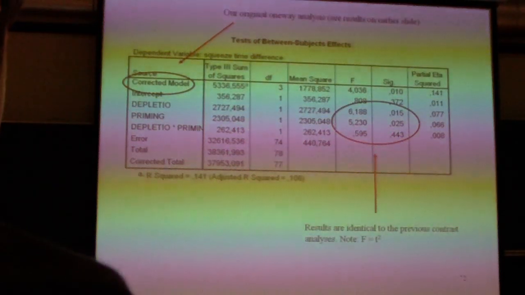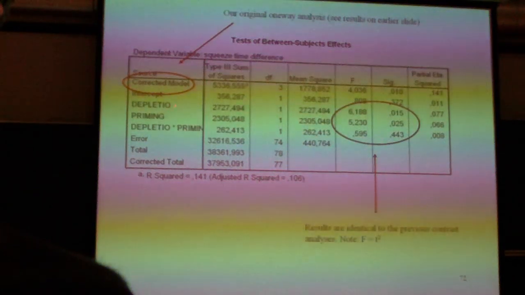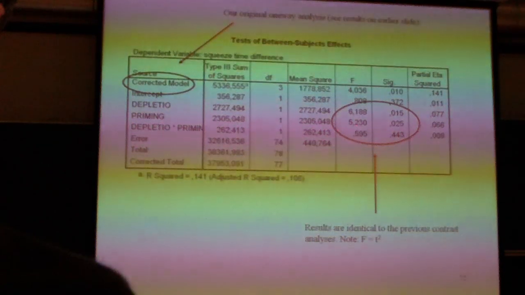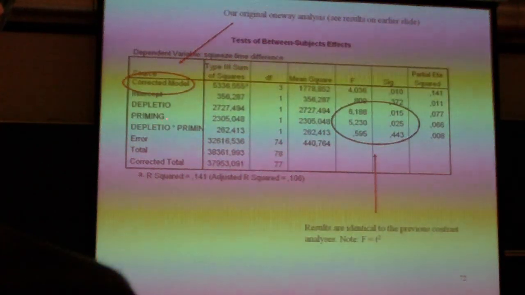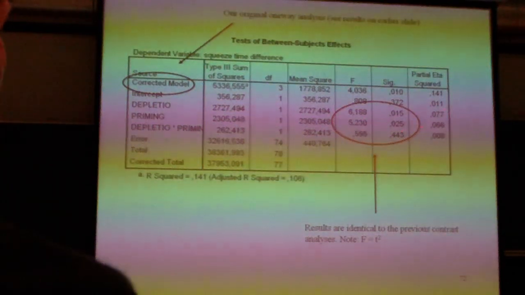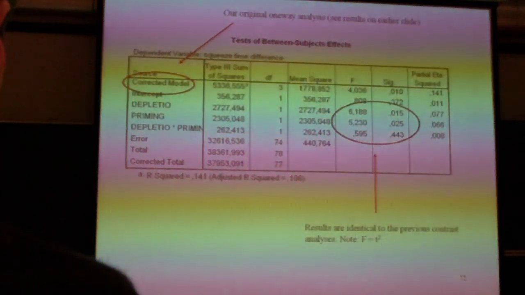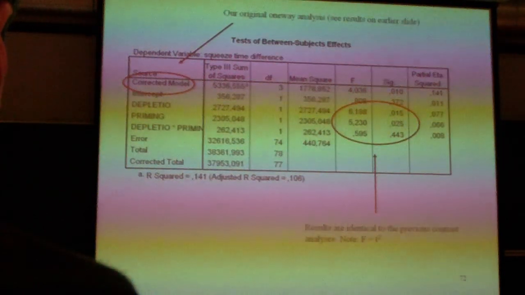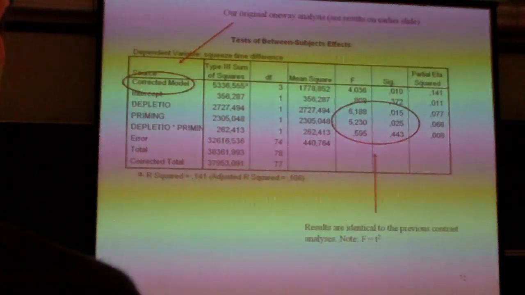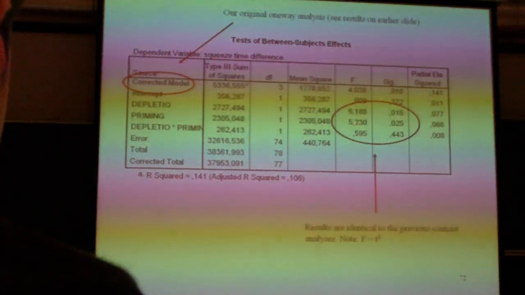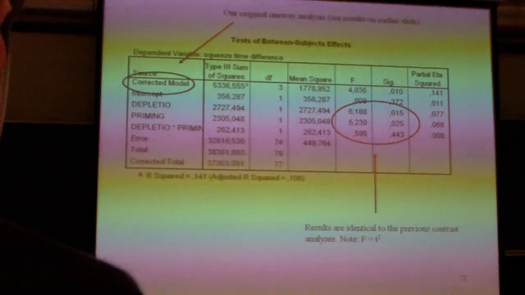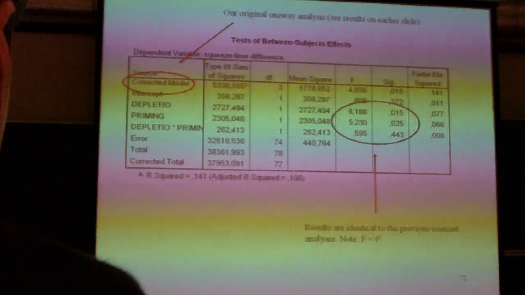Now here we have the results for the difficulty or depletion effect, and here we have the results for the main effect of priming, and here we have depletion times priming, that's the interaction effect. And if you look at the F values and corresponding P values over here, what you immediately observe is that the P values are similar to the ones we found just now when we did the contrast analyses, and the F values that we find over here are in fact the square of the T values that we found before when we did the contrast analysis.